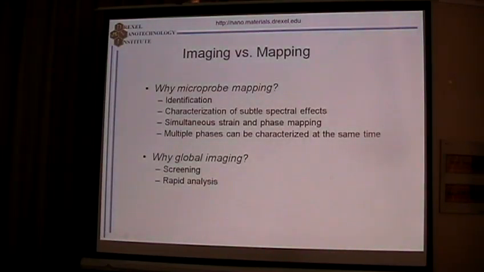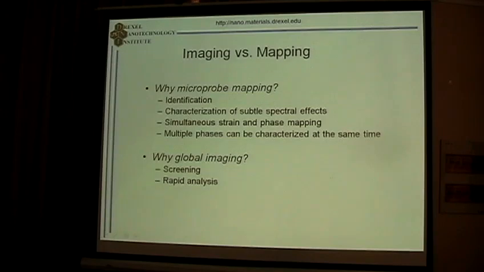Both have pros and cons. Global imaging is much faster, but you just get a single peak, so you cannot do much analysis on it. Mapping is slower, but you can analyze everything because in every point you have the entire spectrum captured.